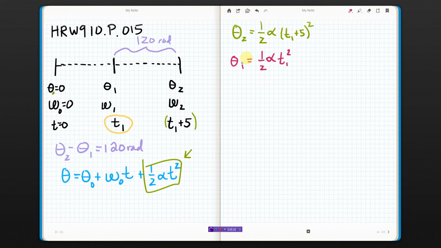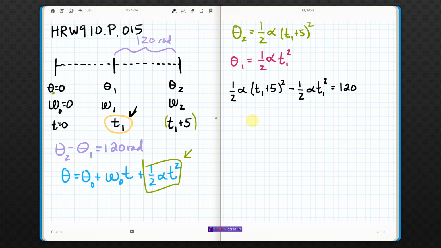Then I know that these subtracted will give me 120, so 1/2 alpha (t1 plus 5) squared minus theta 1, which is 1/2 alpha t1 squared, equals 120. This is good. If you look at this equation, all I have are constants, like 1/2 alpha, and the only variable is t1. So one equation, one unknown, and t1 is the thing that I want. If I can solve for t1, I'll be good.